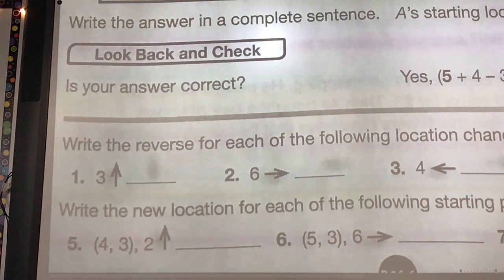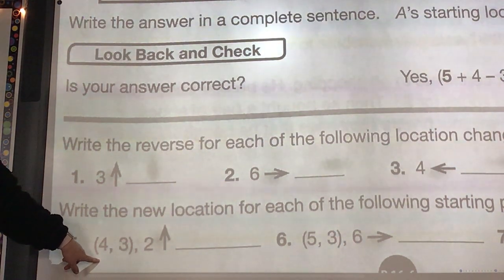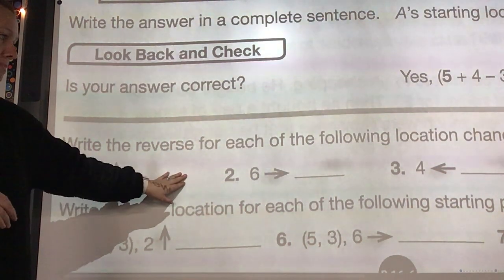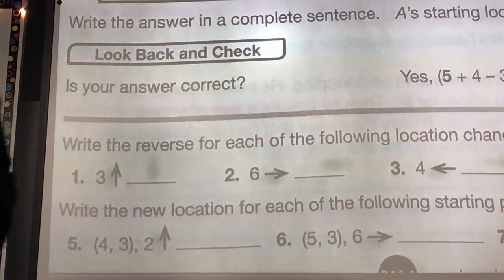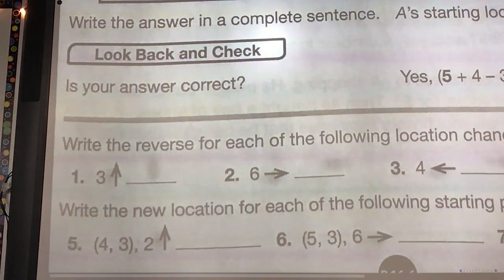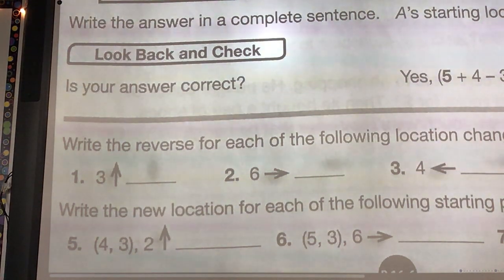So if I have, down here I have 4, 3, and here's where I want us to go ahead and get our math notebooks out. I want you guys actually writing this part down. Just writing the opposite, that was pretty mental math, okay? But this next part, we're going to start getting some more directions. So if I have 4, 3, the ordered pair 4, 3, I want you to write that down in your math notebook. Use your comma, use your parentheses.